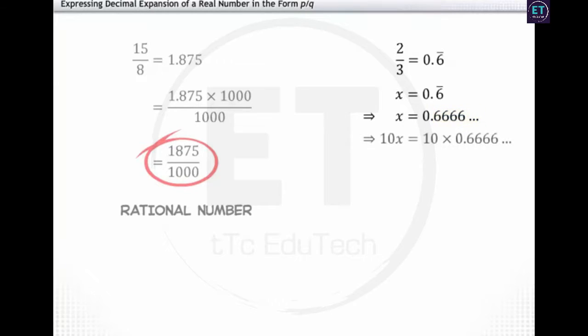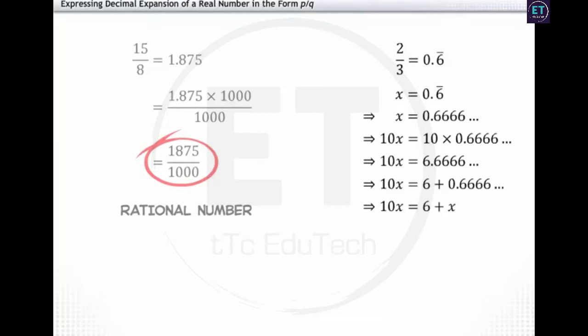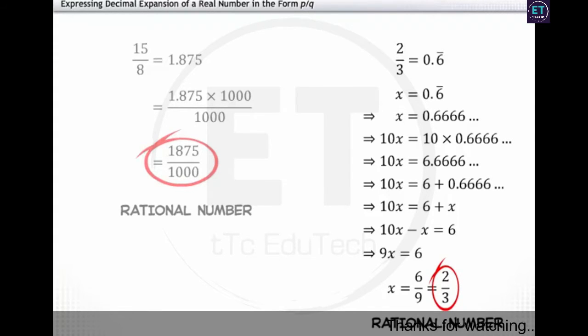So we multiply the equation with 10. The right-hand side of this equation can be expressed as the sum of an integer and a decimal. The right-hand side of this equation is now equal to 6 plus x. Let's solve this equation. We get x equal to 2 divided by 3, which is a rational number.